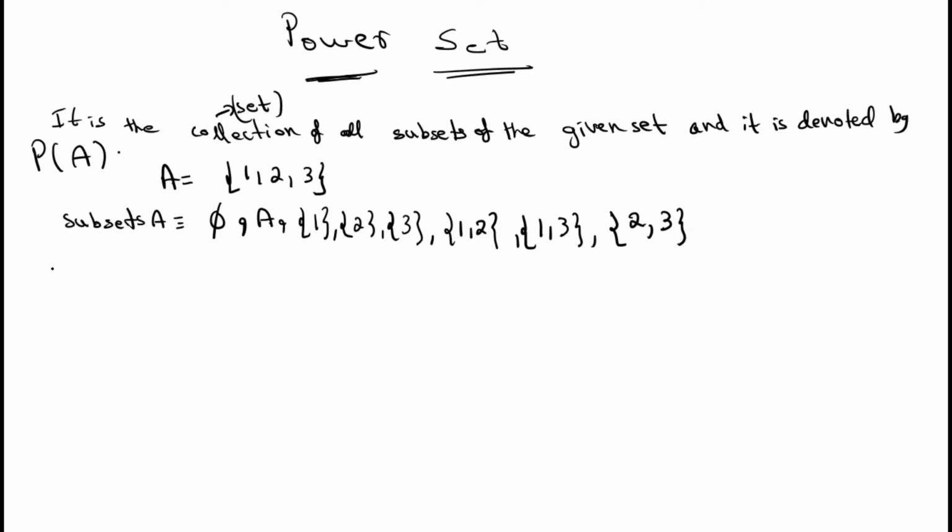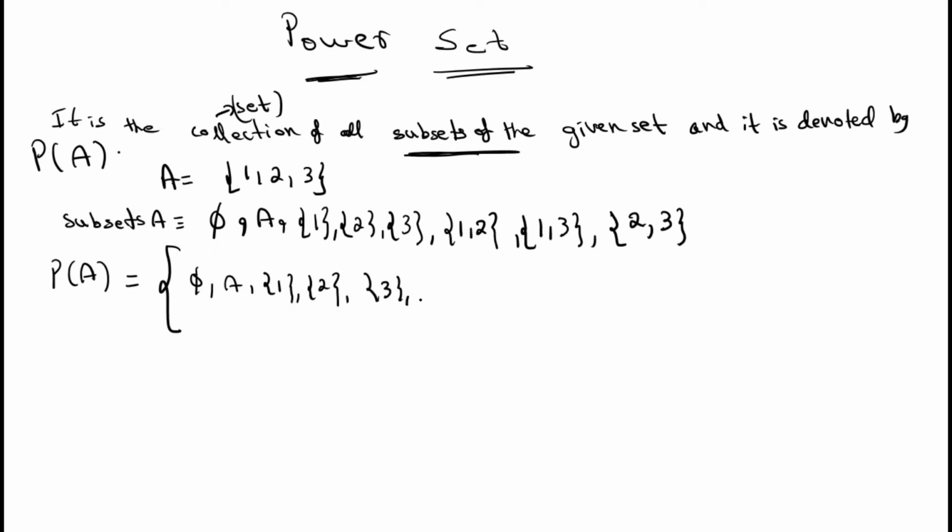Now, the power set of A, P of A, is the set of all subsets. First use the flower bracket. Set of all what? Set of all subsets. The subsets are the empty set, A, then {1}, {2}, {3}, then {1, 2}, then {1, 3}, then {2, 3}, then close the flower bracket.